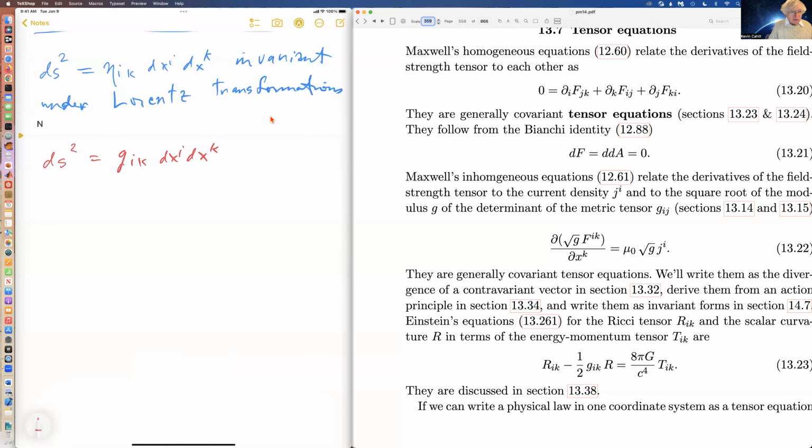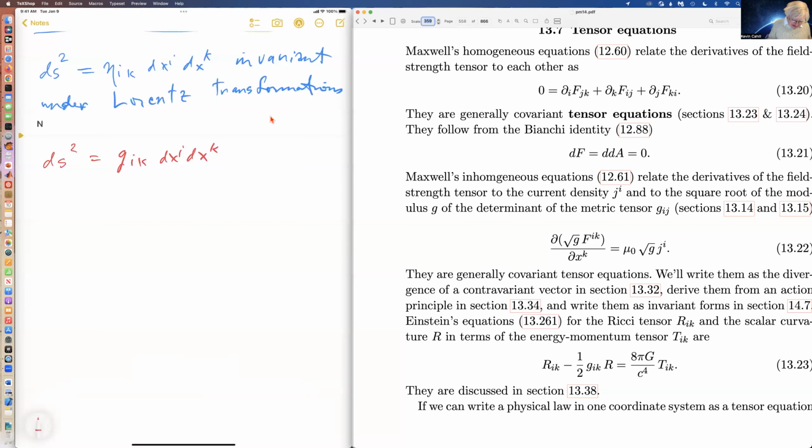Previously, there had been Lorentz transformations, although Lorentz transformations were not really thought about much until Einstein invented special relativity.